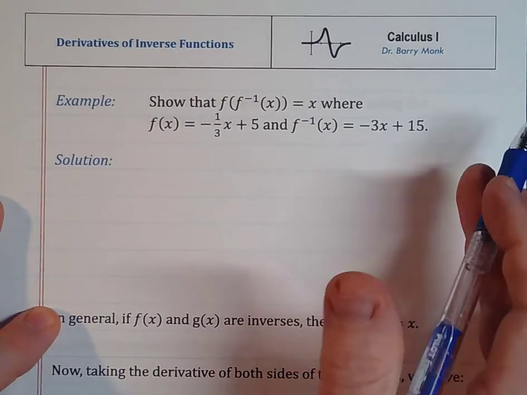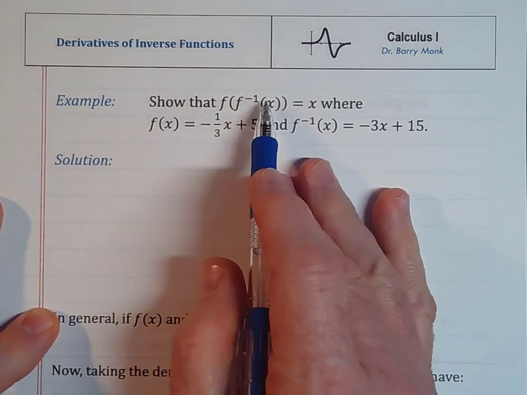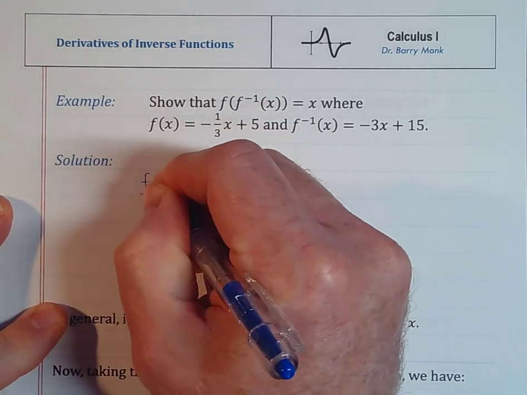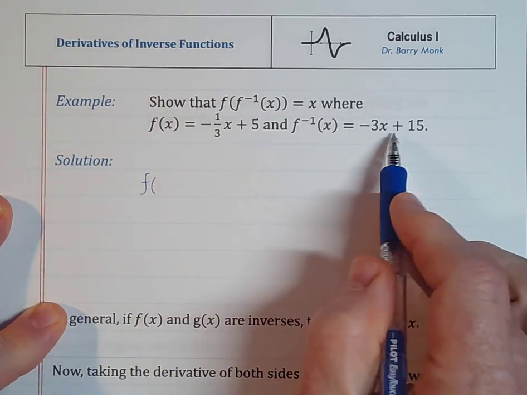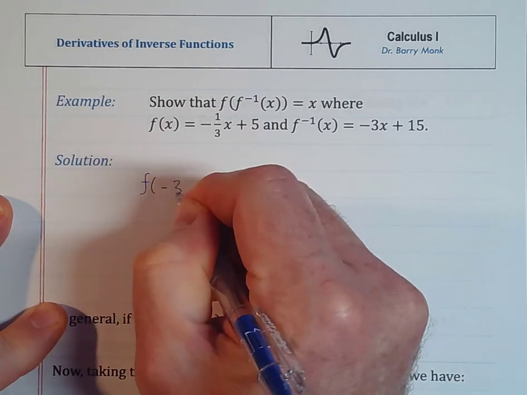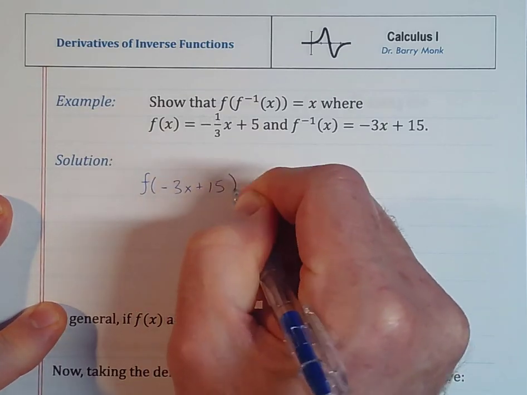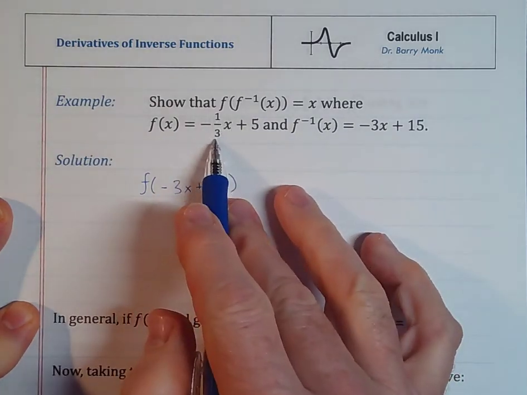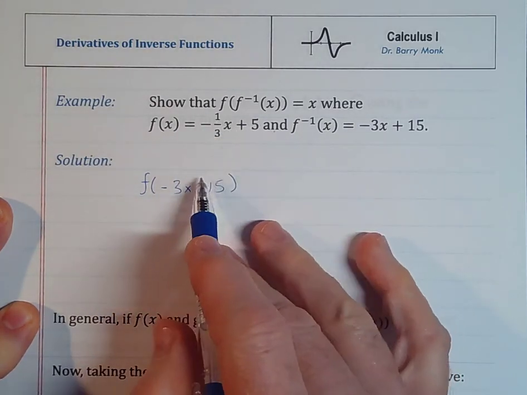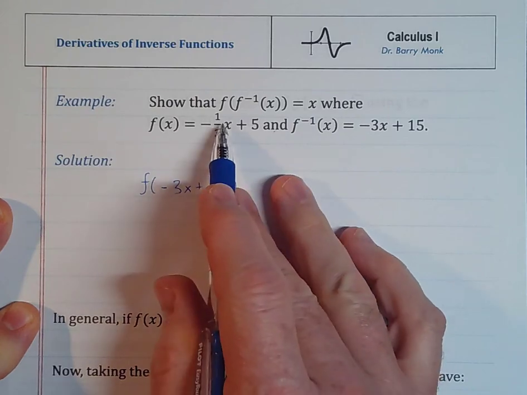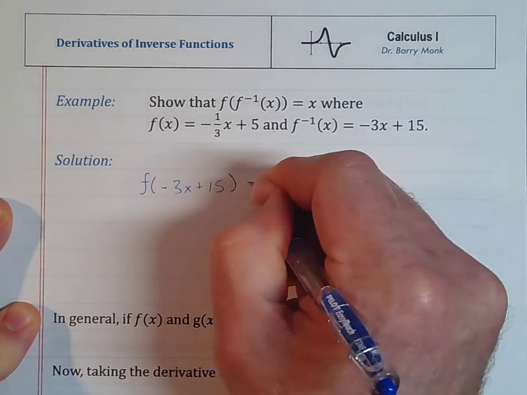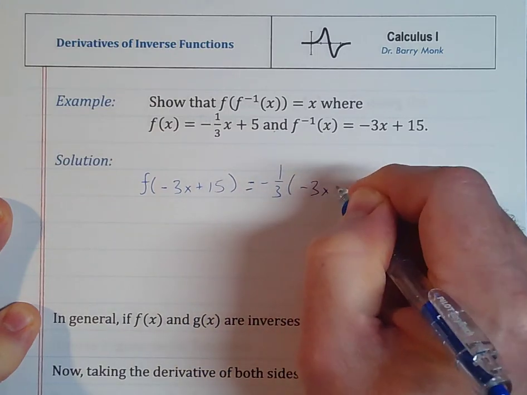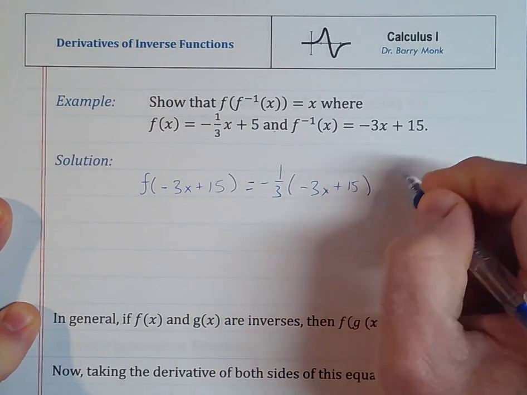Okay, so I'm looking at the composite function f of f inverse of x. Well, that would just be f of negative 3x plus 15, since the inverse is negative 3x plus 15. So that's what's getting thrown into the f function, and the f function is negative 1/3 x plus 5. So I'm just going to put negative 3x plus 15 where the x is. So that is negative 1/3 times negative 3x plus 15, plus 5.